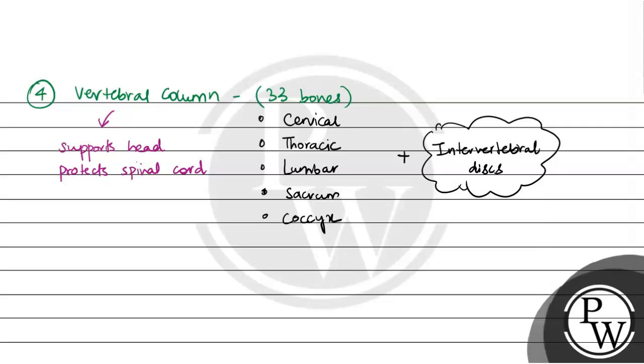Next होता है sternum. Sternum is the single flat bone which is present in the ventral midline, जहाँ पे ribs attach होते हैं.